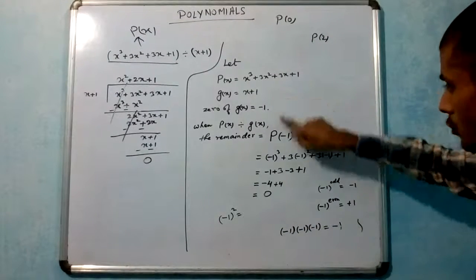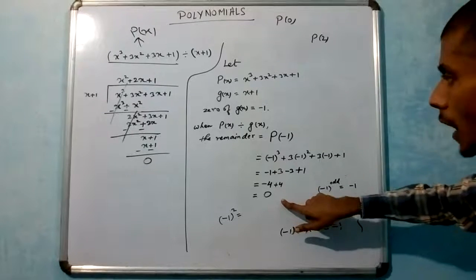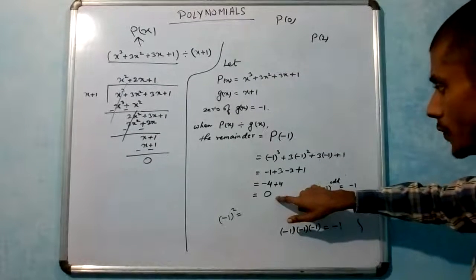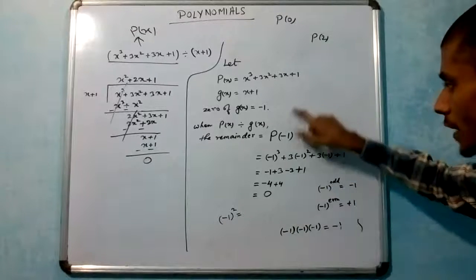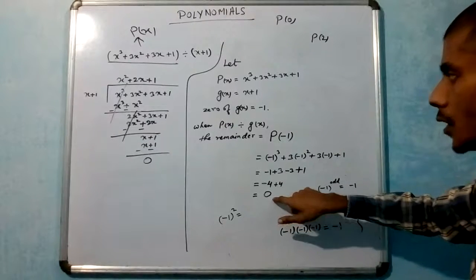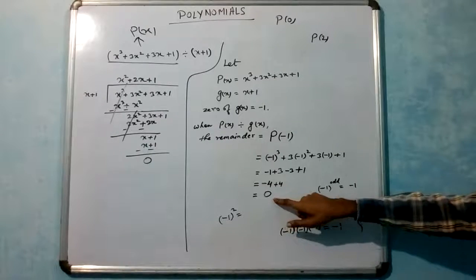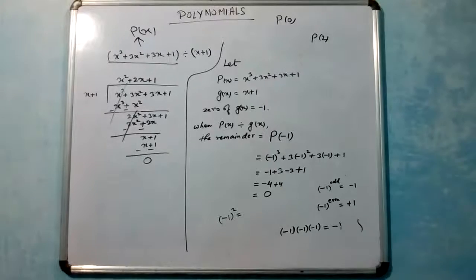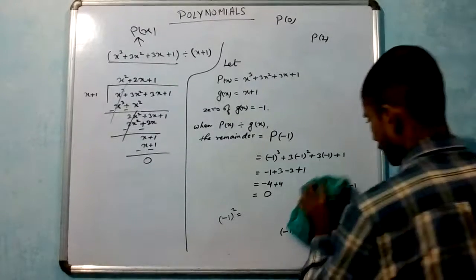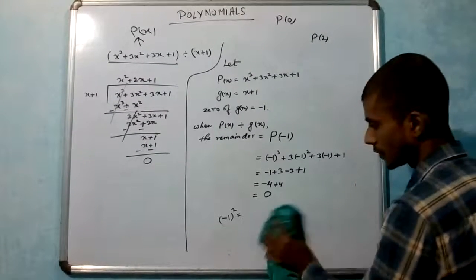Yes. So have we actually calculated this side? No. Have we actually taken the full division? No. Without the actual division, we have found the remainder here. Okay? Understood how to find the remainder without actual division?